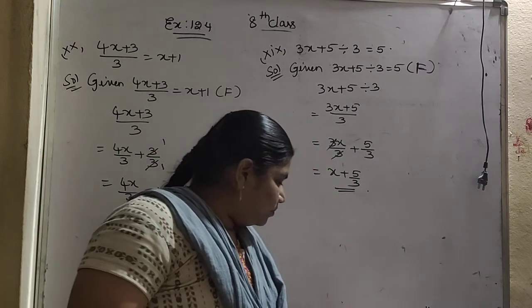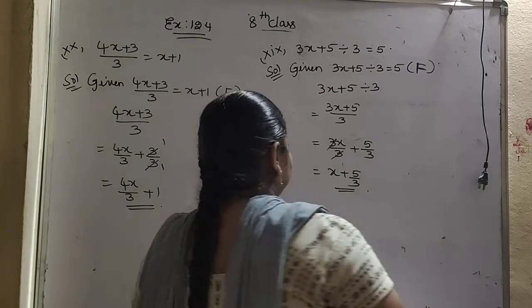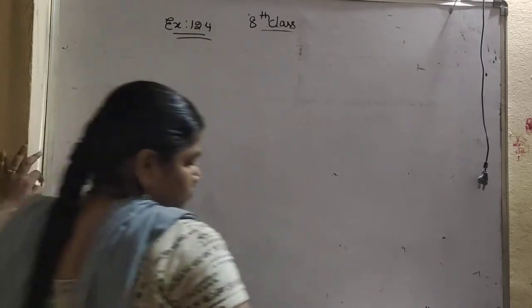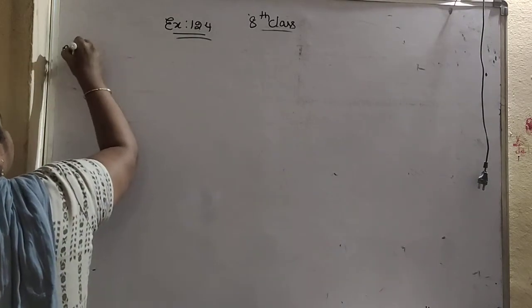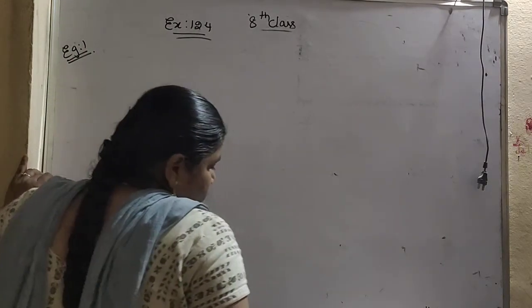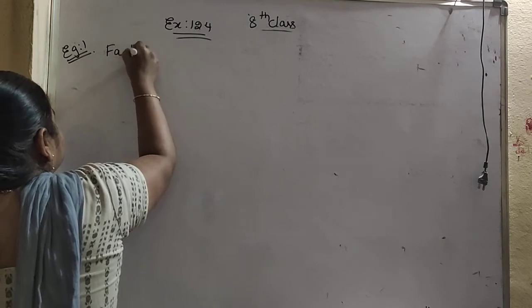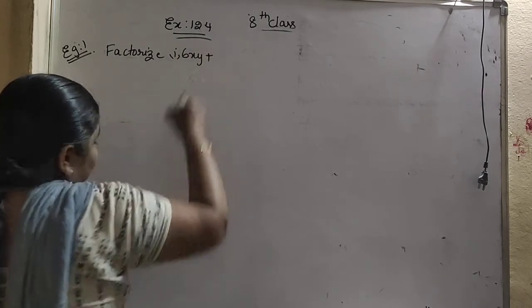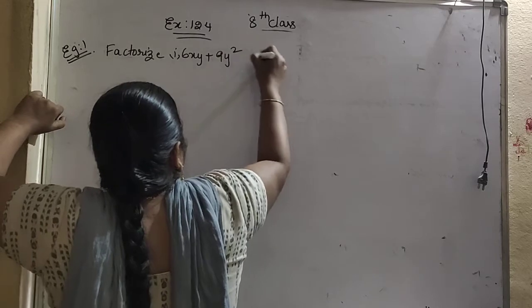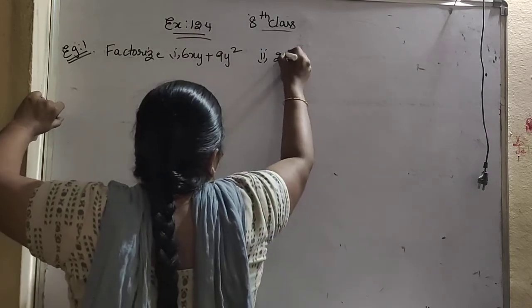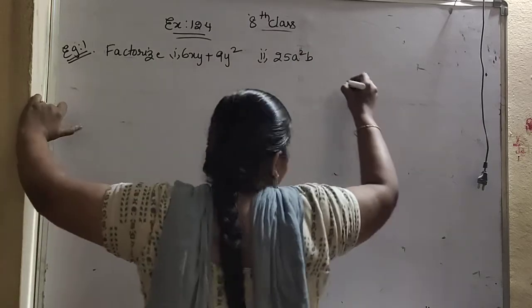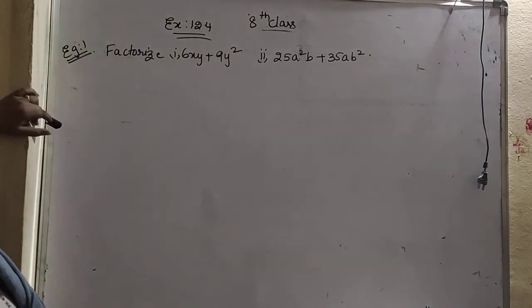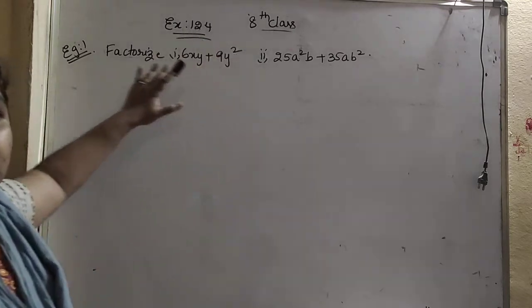So first, example number 1: factorize 6xy + 9y square, and the second one is 25a square b + 35ab square. So these two we have to factorize.